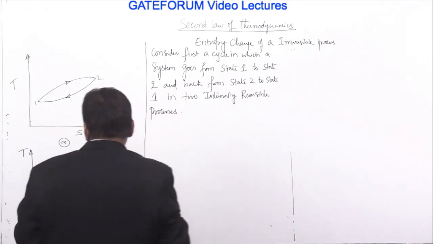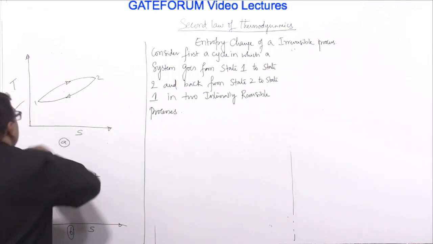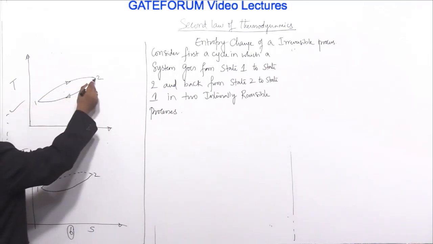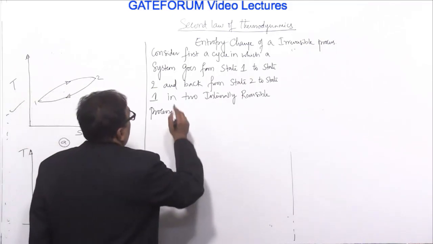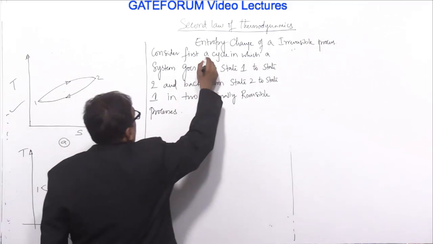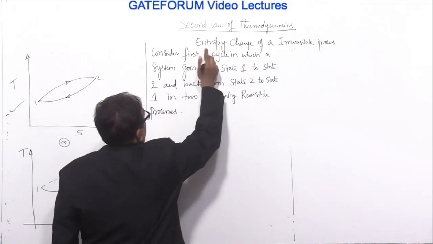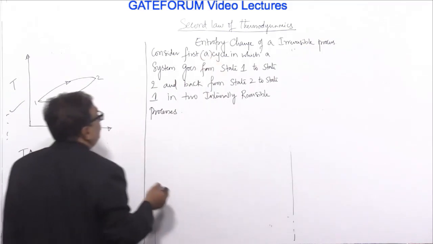This is case 1. So it is going and coming back. This is the first cycle, let us say A.